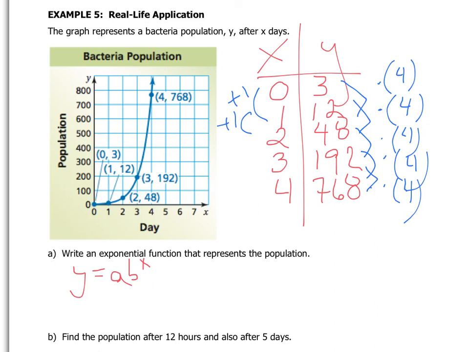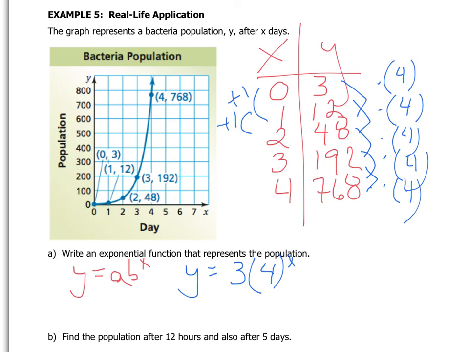It's such a big scale that it looks that way on the graph, but we want to trust the numbers. So in our function, we're going to say y equals 3. b is our common factor, the factor that we are noticing change. So we are going to be saying 3 times 4 to the x power. And that is the function model for this bacteria population problem.